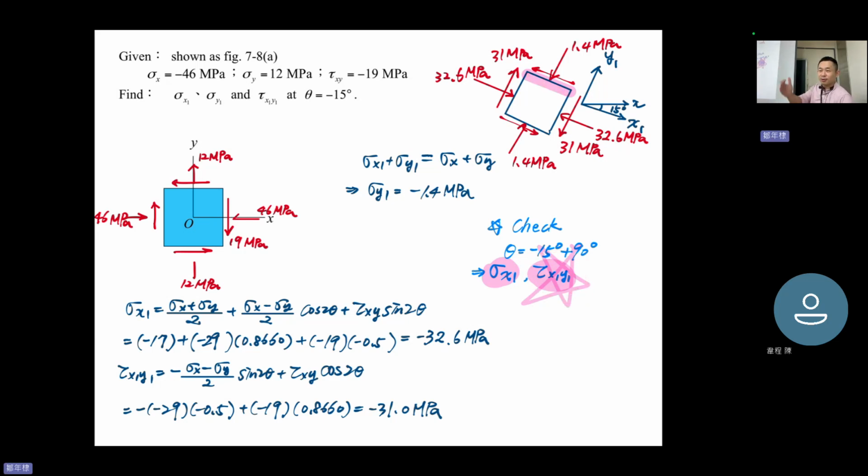Anyone? If you substitute this theta into this equation, what will this new tau x1 y1 in this pink be, positive or negative? Anyone? About 50% chance. Okay, please. Positive. Very nice. Why?